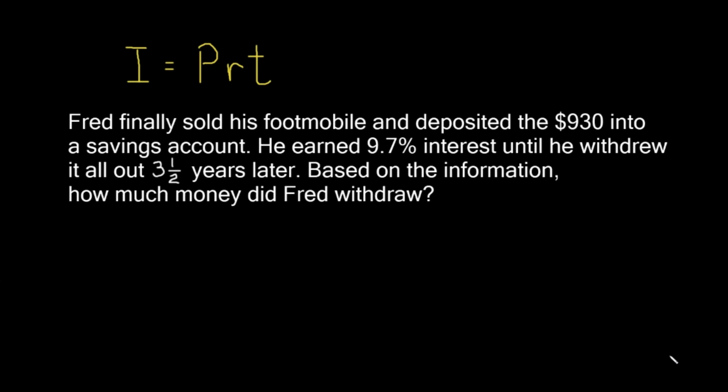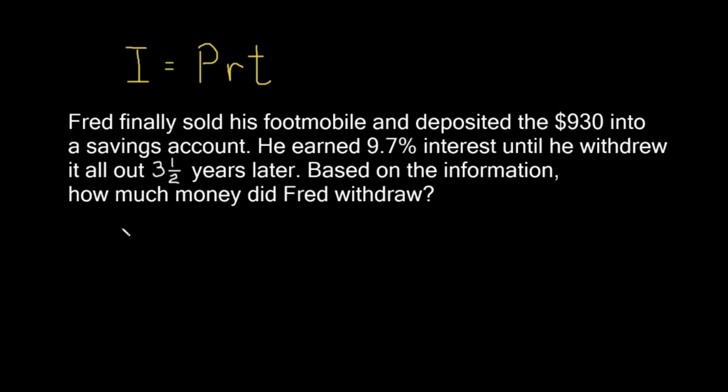So, what exactly is it looking for? We want to know how much total amount he withdrew. He deposited $930 of principal, and he kept it in there for 3.5 years at an interest rate of 9.7%.